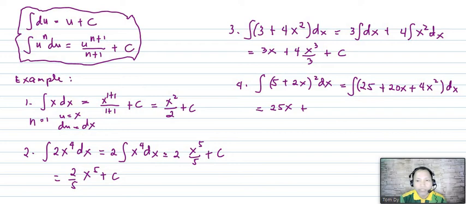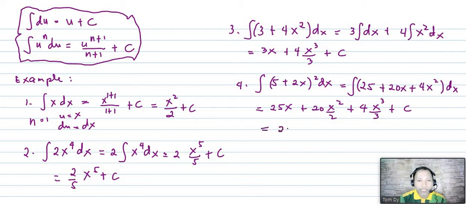plus the integral of 20x, that is 20x squared over 2. Your x here, the exponent is 1. So 1 plus 1 equals 2 over 2. And then for this one, plus 4x squared, 2 plus 1 equals 3. So you have here x cubed over 3 plus c. And then this one can be reduced to 20 divided by 2, that is 10.